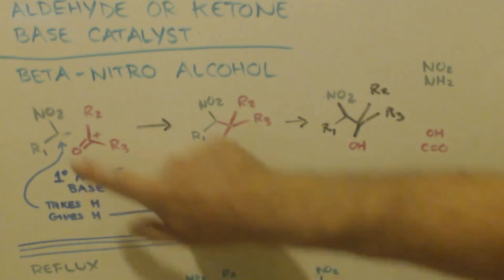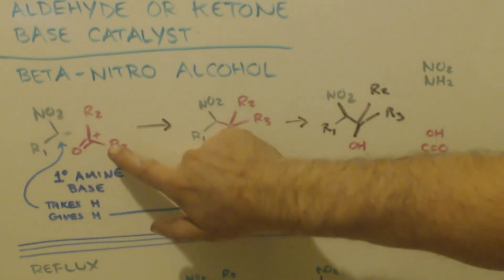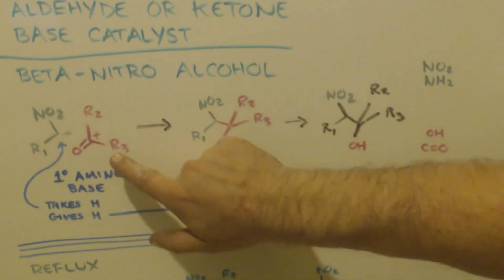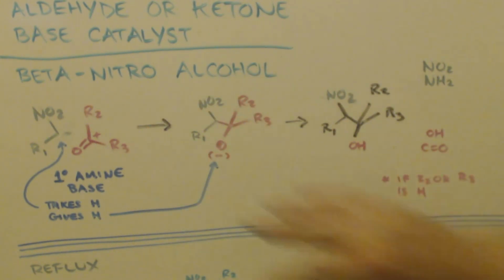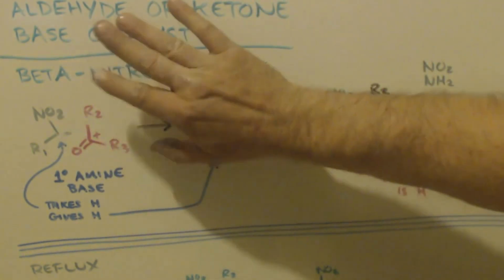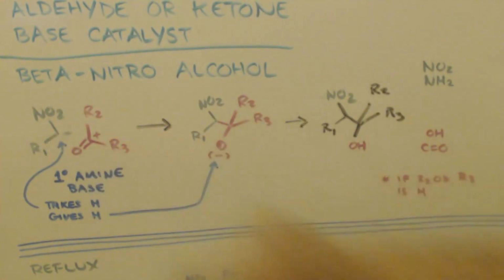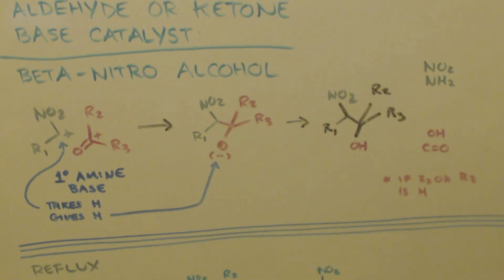Okay, so here's your nitroalkane and here's your ketone or aldehyde. I used a ketone. The R's just stand for any random hydrocarbon dangling off. They really don't matter what's dangling off. All that matters is the functional groups. Now you can see I have two positives here. Why are they positive?